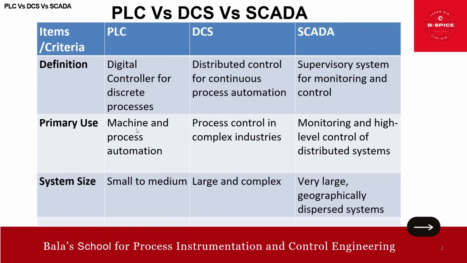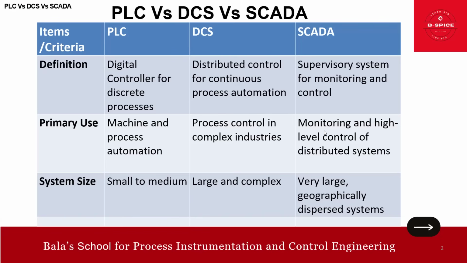For the small packages, we'll have this kind of PLCs. When you talk about DCS, it is process control in complex industries, highly complex processes like refineries and petrochemicals. All these we target with DCS, geographically distributed within a campus.